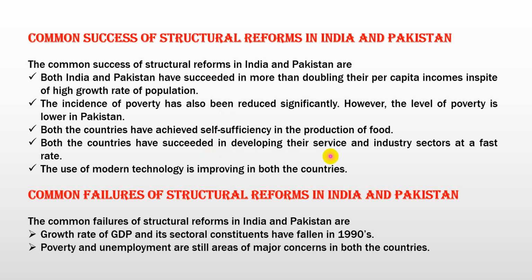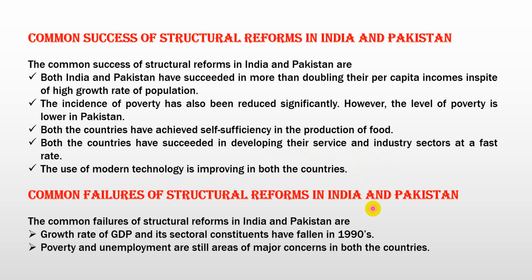So there is rapid development of the service sector, tertiary sector, as well as the secondary sector, that is industrial sector, in both the countries. The use of modern technology is improving in both countries. So both the countries started to use modern technology, moving from labor intensive to capital intensive.